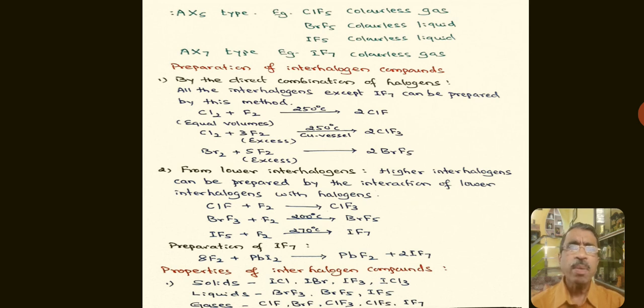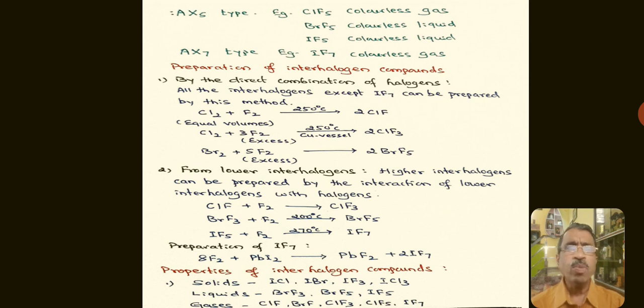Now coming to the preparation of interhalogen compounds. Interhalogen compounds can be prepared by the direct combination of halogens. All the interhalogens except iodine heptafluoride can be prepared by this method.